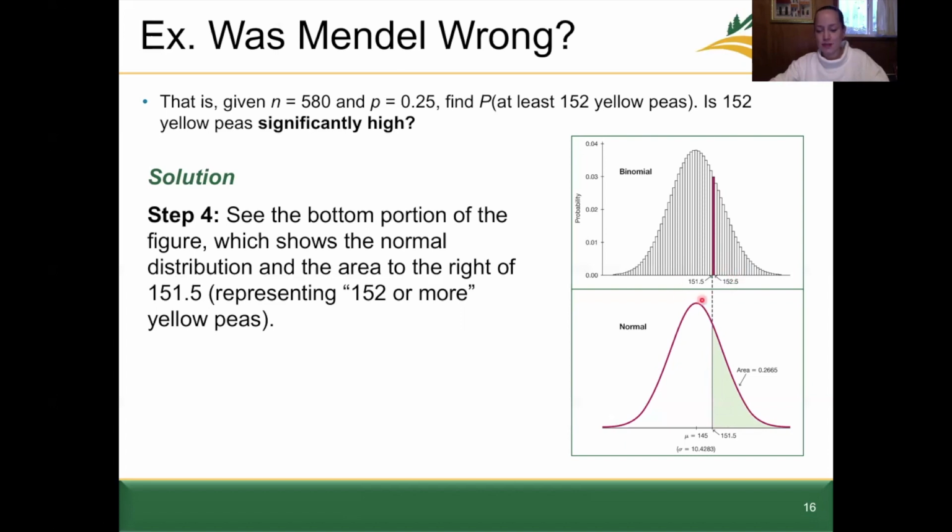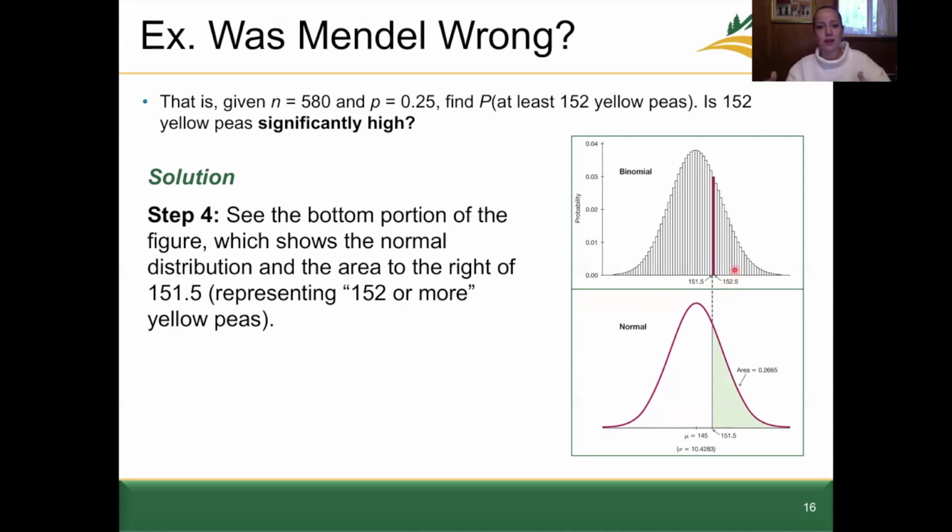Instead, I'm including this range now. So I really want to find the far left side, 151.5, the lower end of the continuity correction. I want to find the probability of getting that lower end of the correction, so 151.5 peas or more. That helps us translate from a binomial probability distribution into a normal probability distribution.